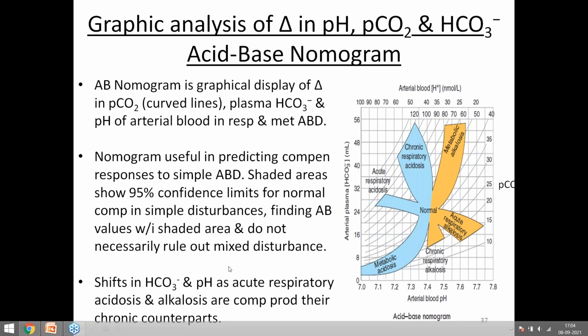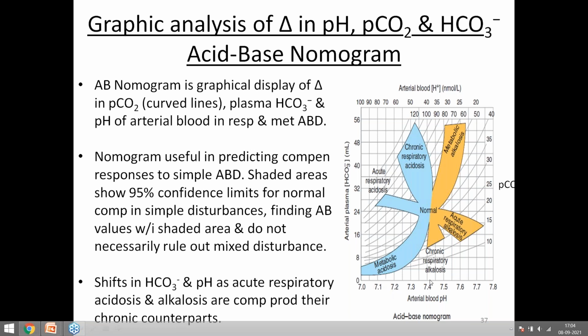And the shifts in bicarb and pH can tell us whether the acidosis or the alkalosis is acute or chronic. So just have a look here. Suppose the pH is decreasing.